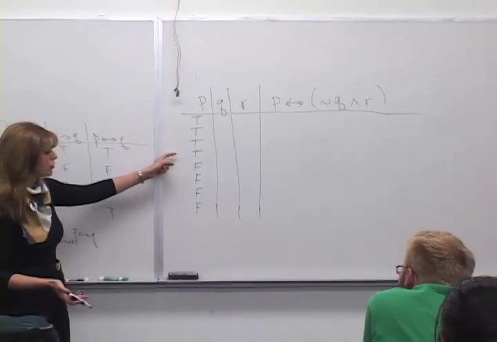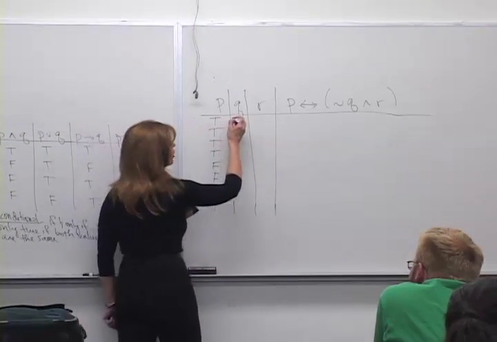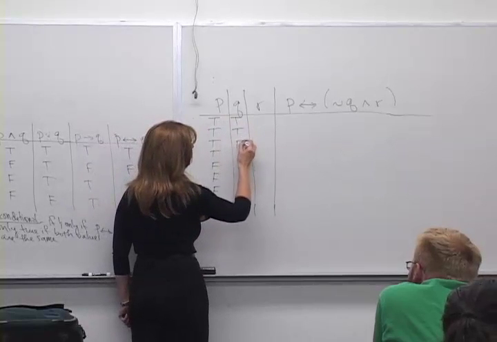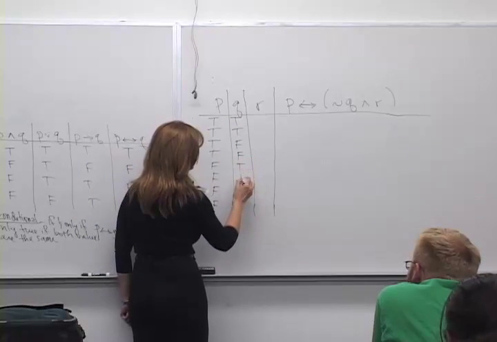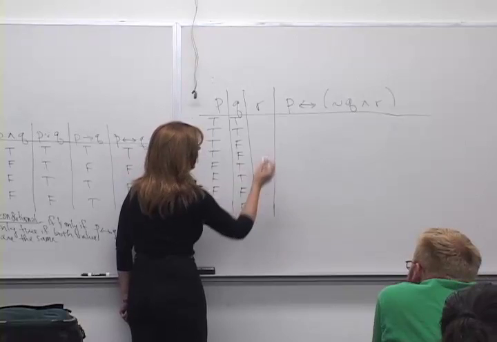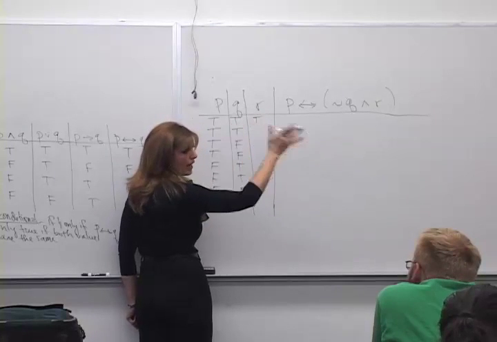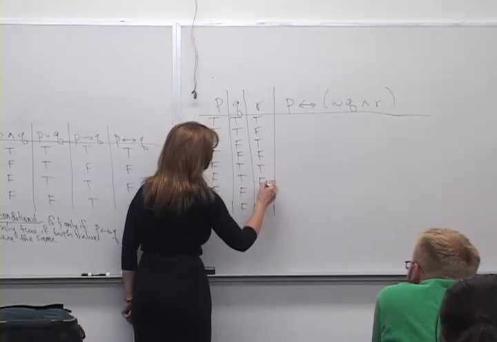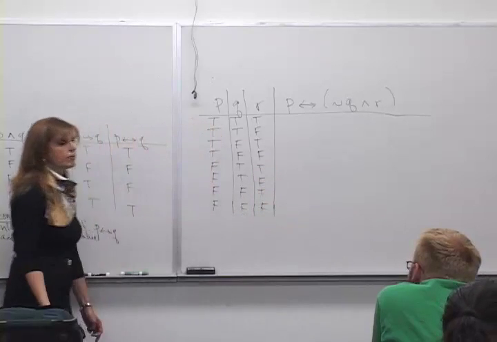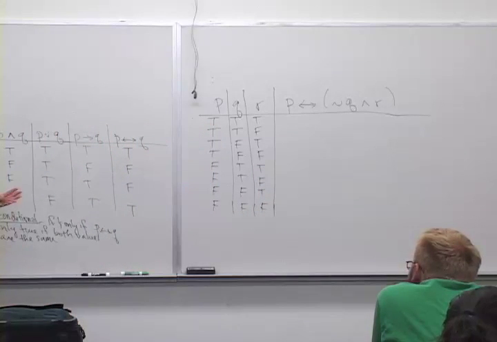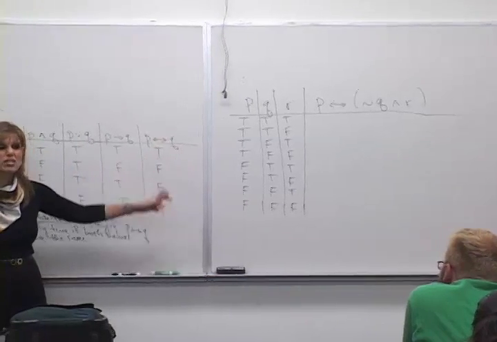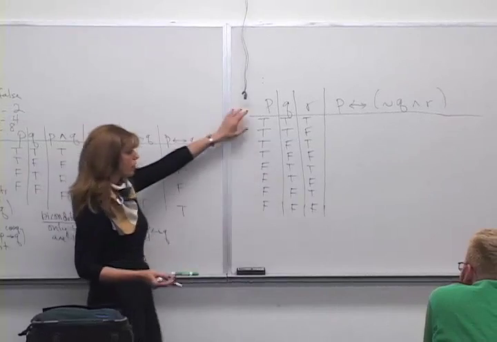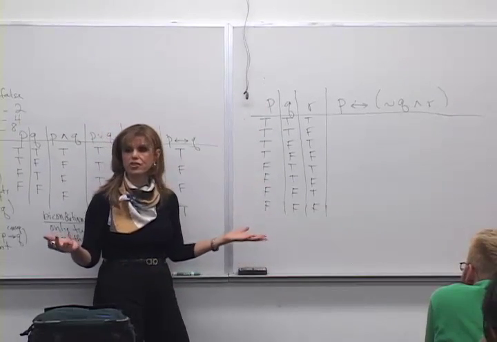So you put 4 truths, 4 falses. For Q, you're going to put 2 and 2, 2 truths, 2 falses. And then R, always the far right, you're going to alternate. It's going to be true, false, true, false, true, false, true, false. So that's a standard way of doing it to ensure that you're going to have every possible combination. So with 3 variables, these are the only combinations we can have.